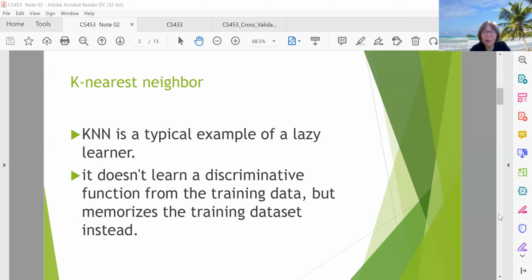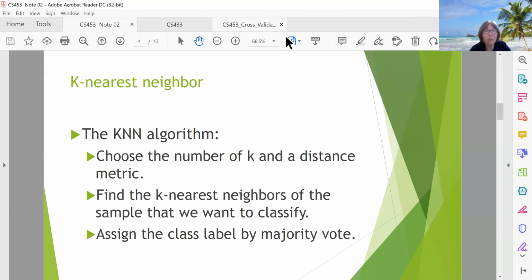So that's K nearest neighbor. For K nearest neighbors, KNN, the basic idea is, here there are two important parameters. One is the number of neighbors, K. And of course, when you say neighbor, you need to have some distance to measure the neighbor.